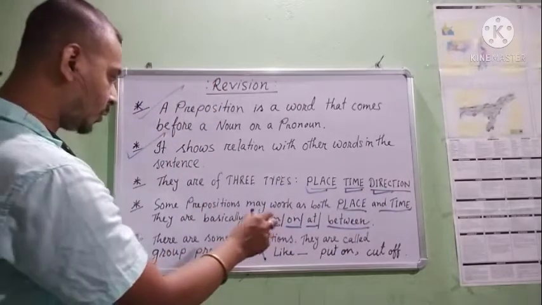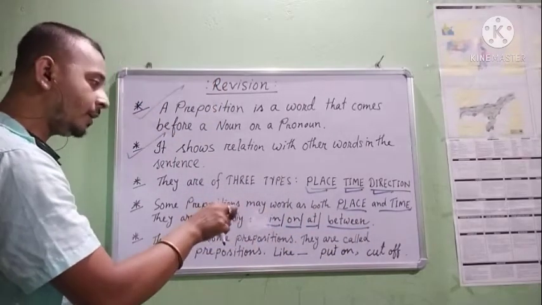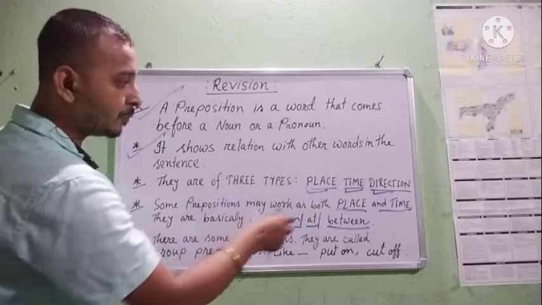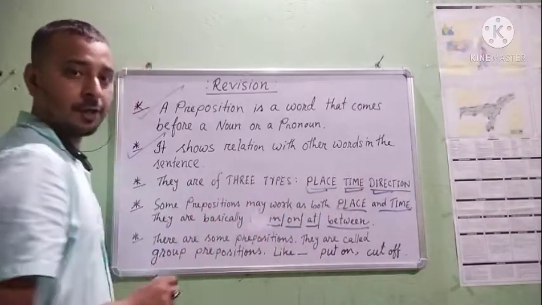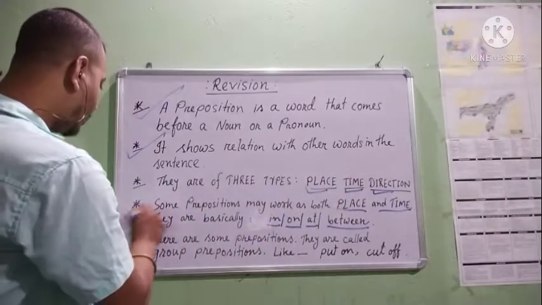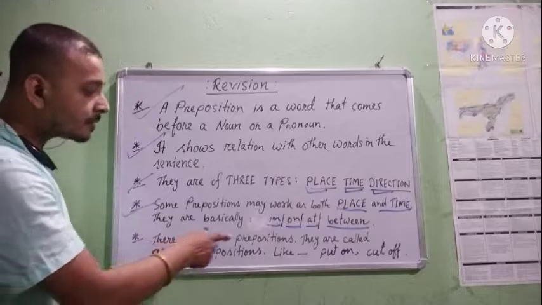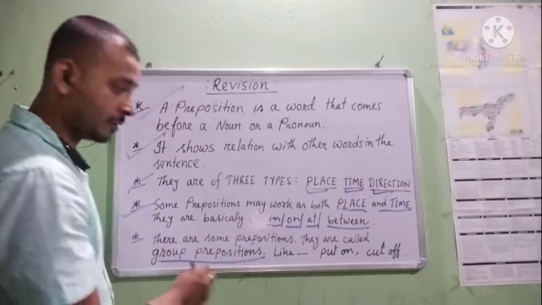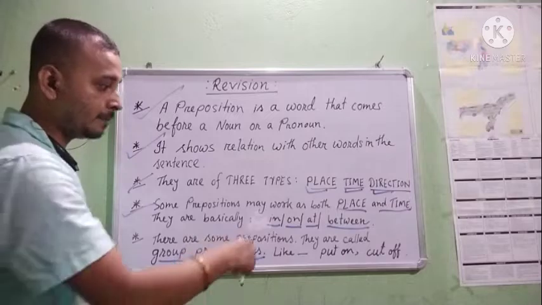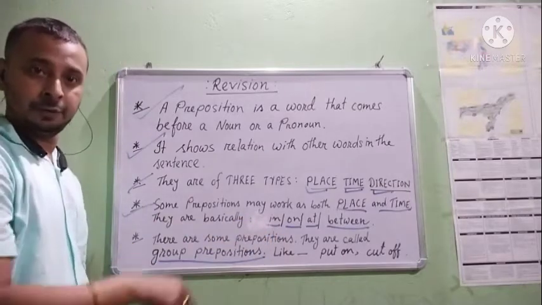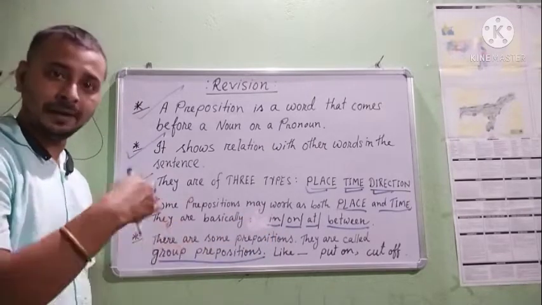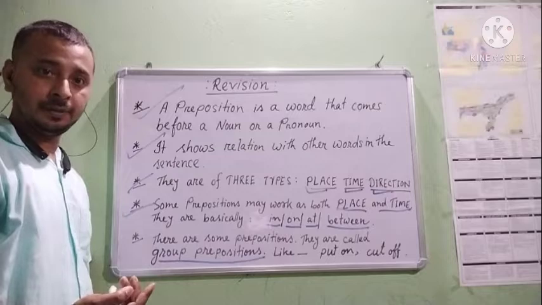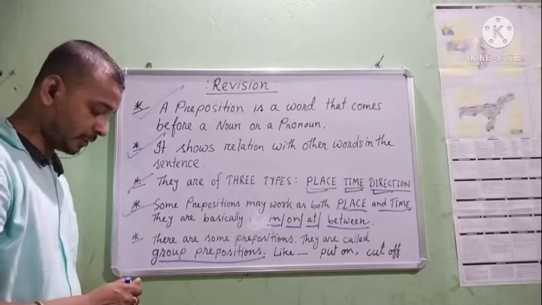These four prepositions may work as a preposition of place or as a preposition of time. Next one, there are some prepositions called group prepositions, like put on, cut off, according to, by dint of, by means of, on account of. Okay, so these are group prepositions.